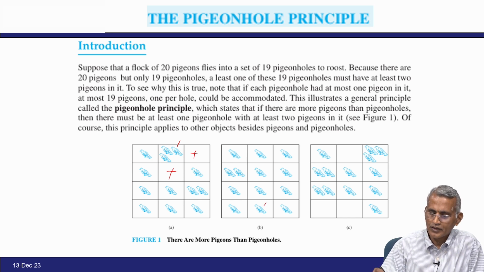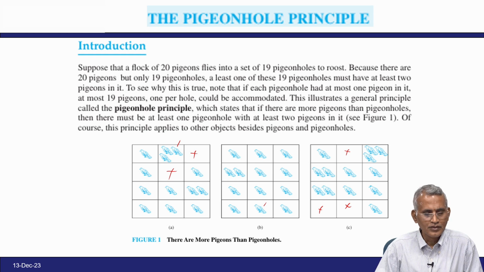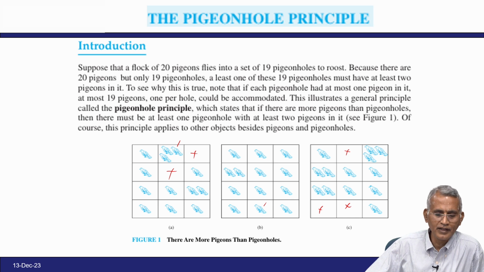So, this way we have the principle, call it the pigeonhole principle. From this we can understand the principle applies to any other objects besides pigeons and pigeonholes. So, keep in mind this introduction of the pigeonhole.